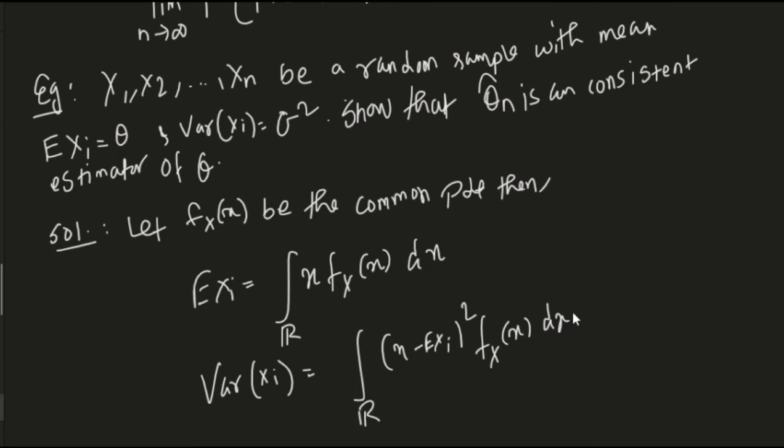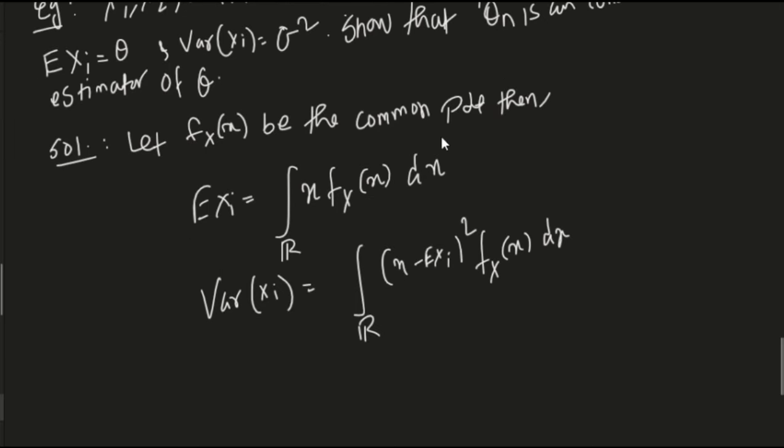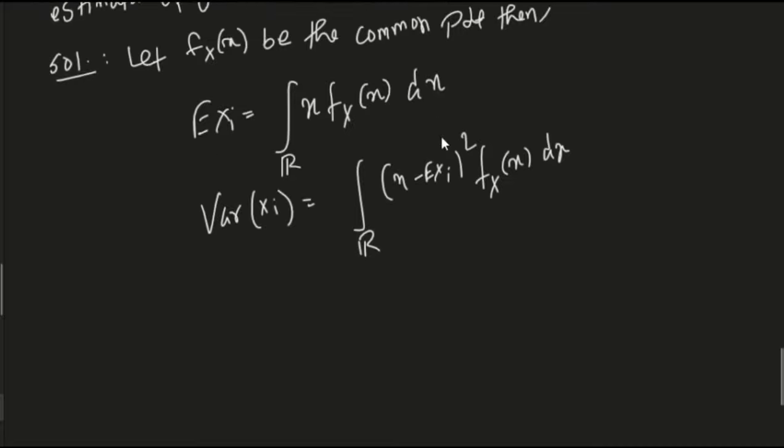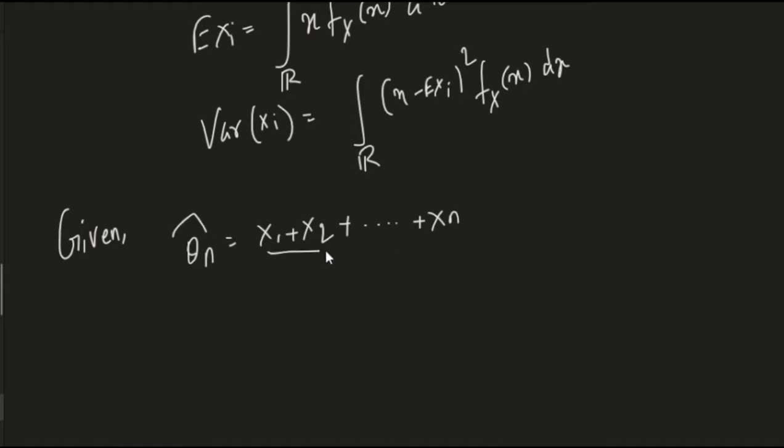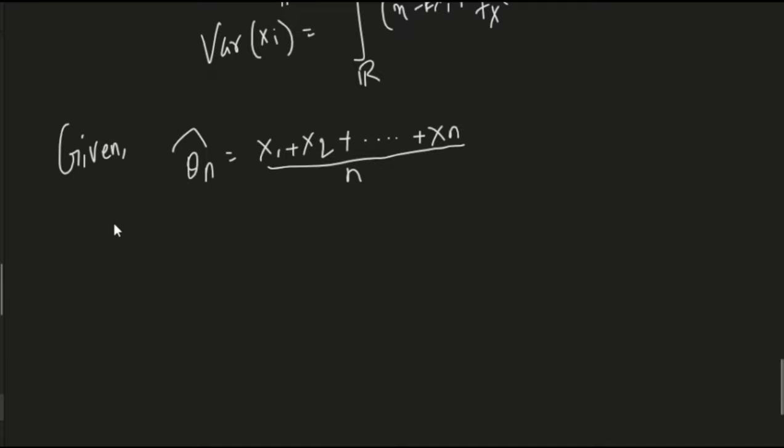Okay, and we want to show that theta n is a consistent estimator, where theta n is basically equal to the sample mean. So given this, we would like to show that this is the consistent estimator of E of Xi, and let E of Xi be equal to theta, which is also given. So therefore we need to show the following.